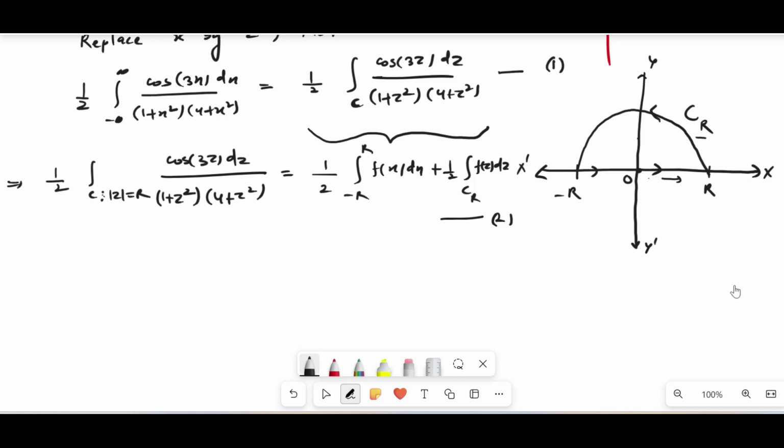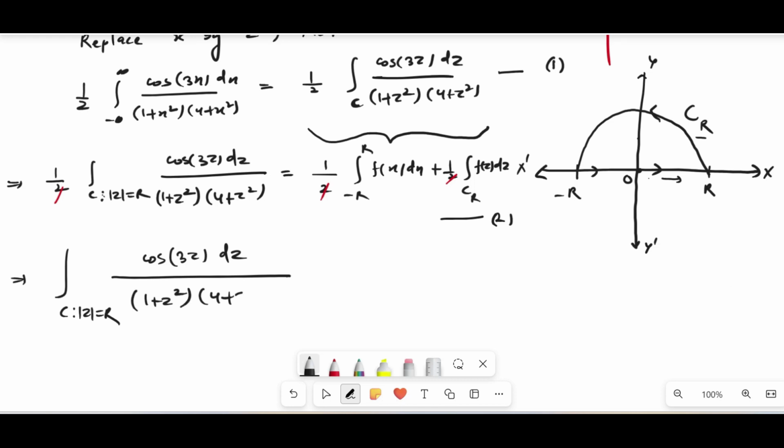So we can cancel out the 2, take the 1 by 2 as common, and we can write here the integral over the curve C, that is mod of z is equal to r, of cos of 3z dz over (1 plus z square) multiplied by (4 plus z square) is equal to the integral from negative r to r of f of x dx plus the integral over the curve C having a radius r of f of z dz.